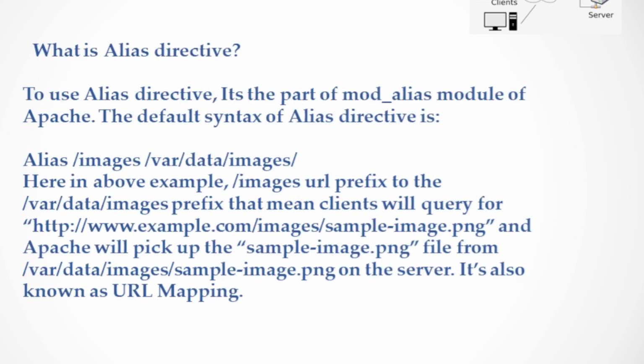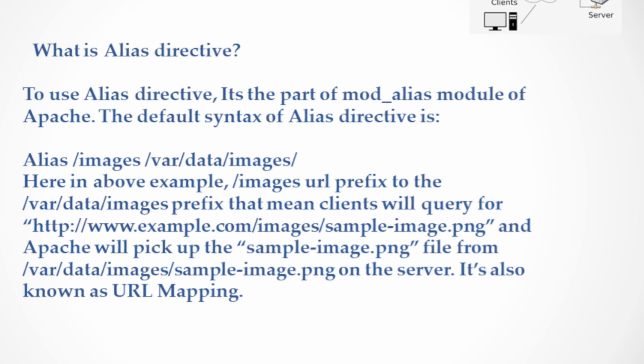What is the Alias directive? It is also known as URL mapping. The Alias directive is a part of the mod_alias module of Apache, and the syntax is like this: Alias /images and then another directory path.